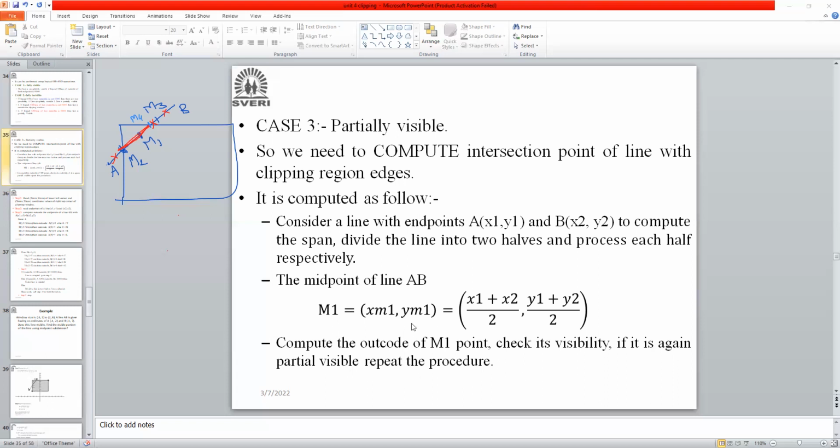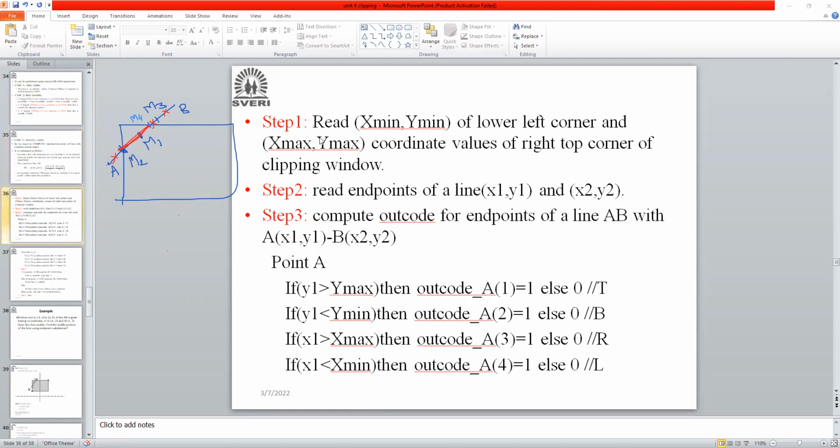Again, compute the outcode of M1 and check whether M1 is inside or outside. Then if it is inside, perform that recursive division. Okay, so these are the steps.